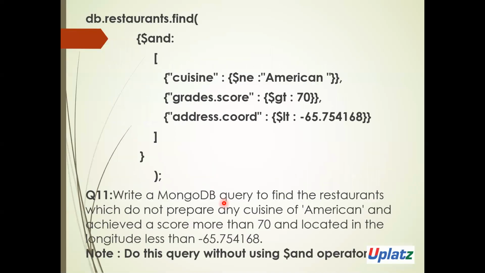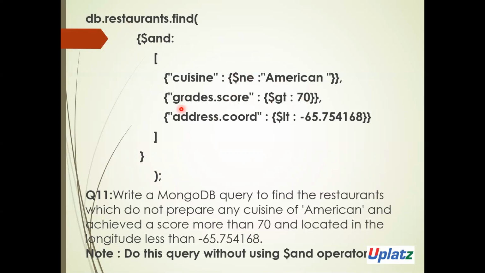So what we need to do, I need everything. So every condition should be applicable. So for that I have used the AND operator. db.collection.find and. Inside that I have three conditions. First, it should not prepare American cuisine, so not equal to I have used. Second, grade.score should be greater than 70.